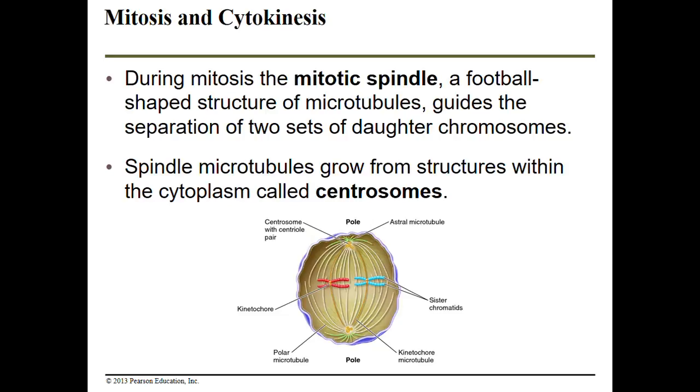During mitosis, we see a mitotic spindle form, and these fibers here are how we guide the copies. These mitotic spindle fibers are how we guide the copies of each chromosome to new cells, how we pull them apart towards different poles of the cell. So right here, one goes up, one goes down to the different poles. And eventually, the cell will pull apart and be two new cells.